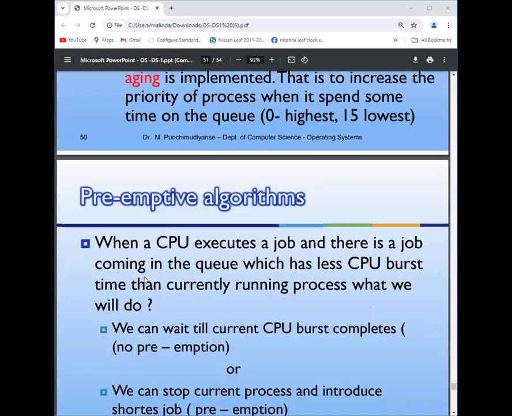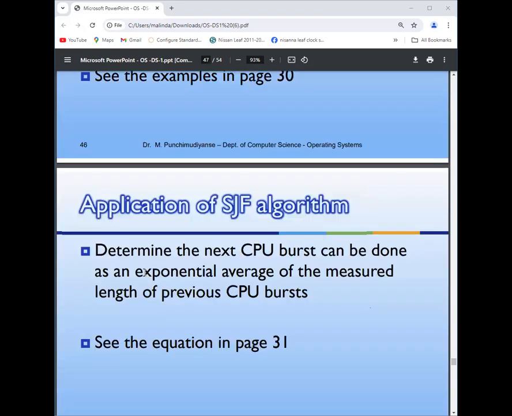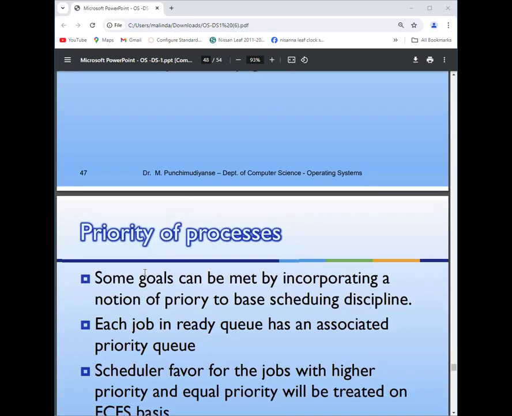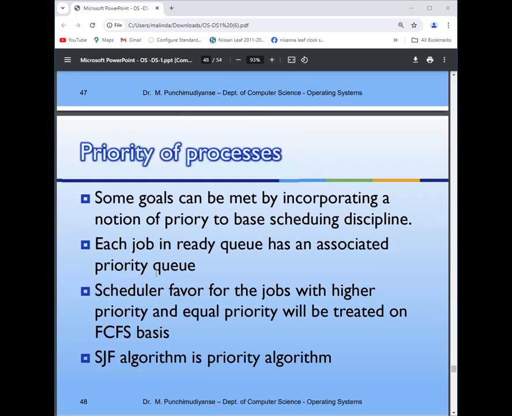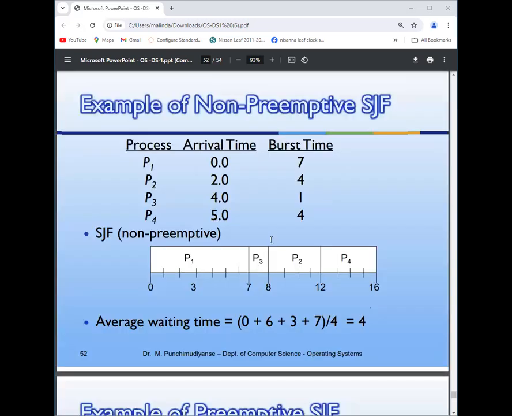So next one, we will explain the missed slides, right? So the priority of the process. So now when the burst time is equal, right? We employ the strategy of first come, first serve, right?